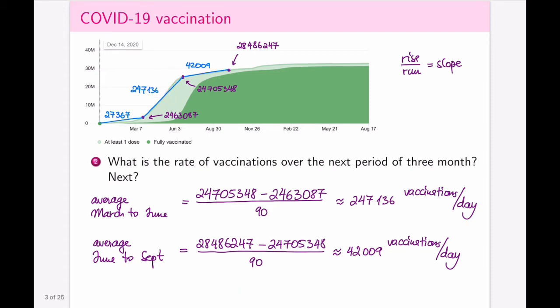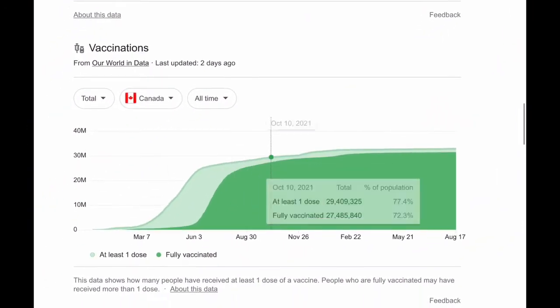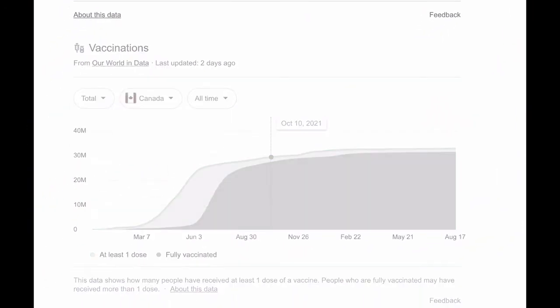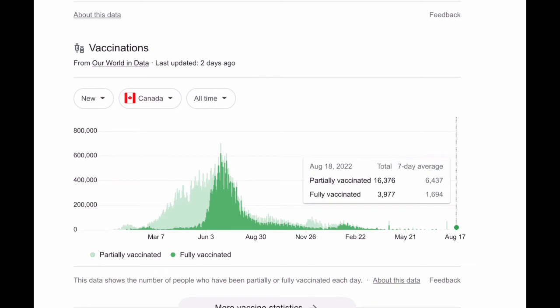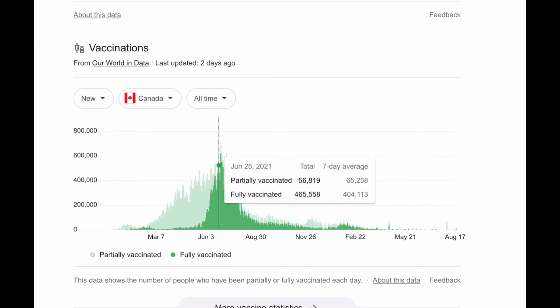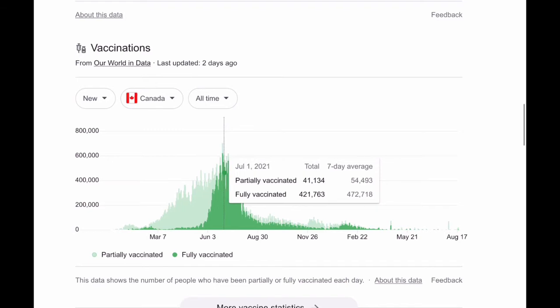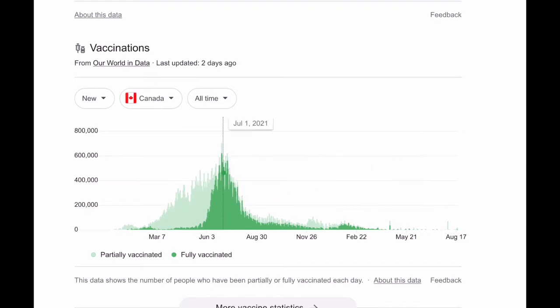And in fact, we can go back to our interactive graph here, and instead of total, pick new vaccinations. And we see that indeed, now this is actually a 7-day average, so still not daily cases, but better than the 3-month average that we have computed. I can see that it is in fact somewhere in June, mid to late June, that the number of vaccinations was really picking up.